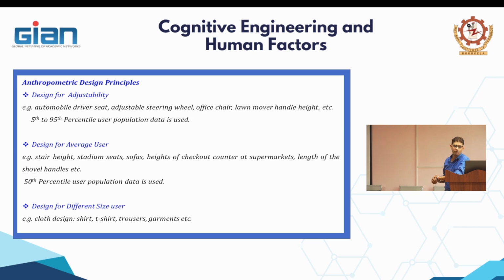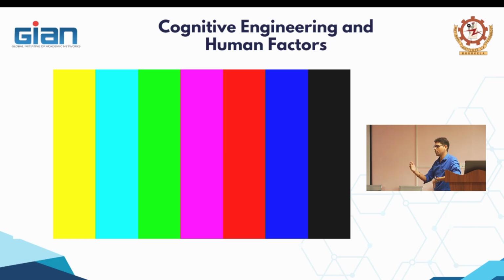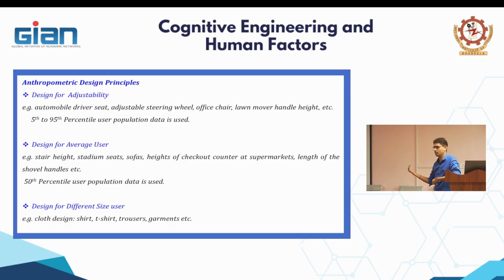In design for adjustability, we consider the range between the 5th and 95th percentile of data: adjustable seats, adjustable tables, or whatever. Again, from an application point of view, we cannot keep adjustable things everywhere, because if the adjustable concept comes, it is inherently tied to cost.